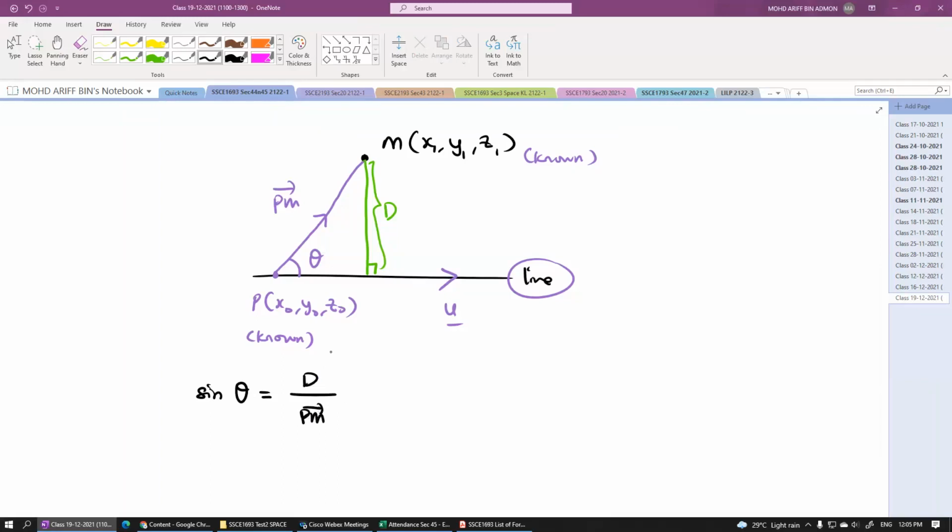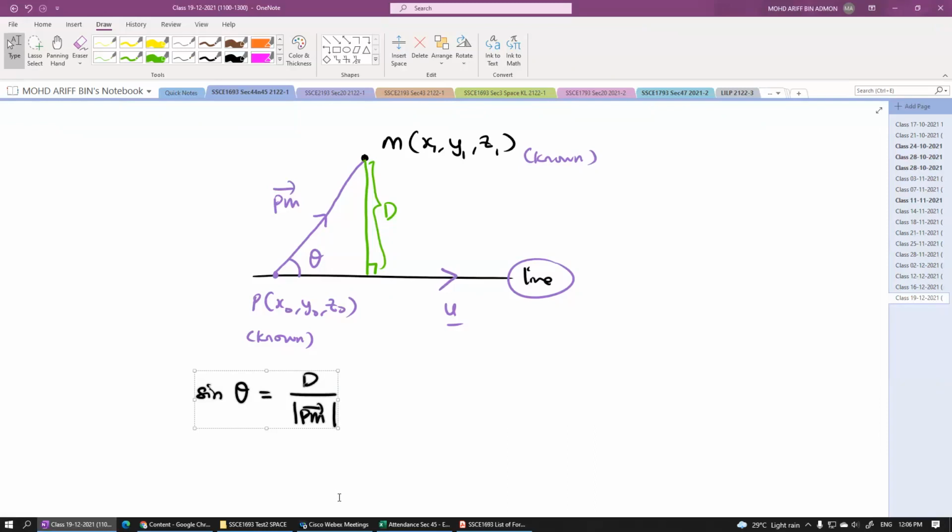PM needs to be in magnitude. Yes, we have to consider the magnitude of our vector PM. It's not just the vector, because with Pythagoras theorem we are dealing with distance. Sin theta, cos theta, adjacent divided by hypotenuse, all is about distance, length.